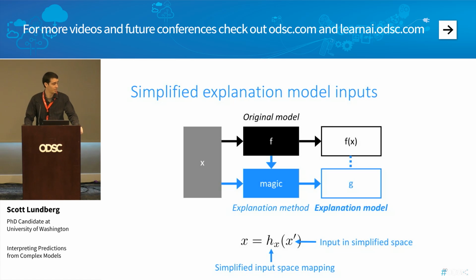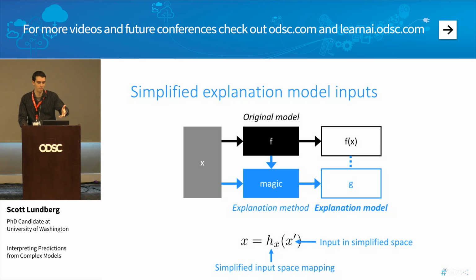A couple of details before we jump in here. One is that an explanation model doesn't need to take the original inputs. It can often take some sort of simplified input space. If you're familiar with LIME, they try to do local explanation models, and they use interpretable inputs. But we'll find that a lot of methods implicitly do this. Your explanation model will take in some input in a simplified space, which might be just a binary vector representing your feature being present or absent.